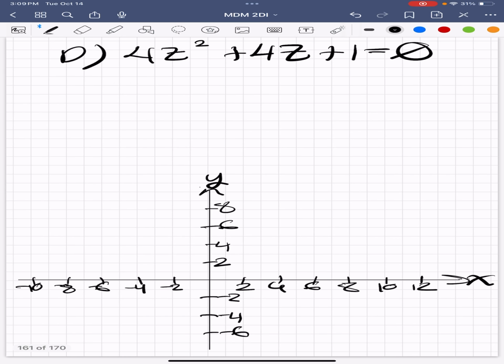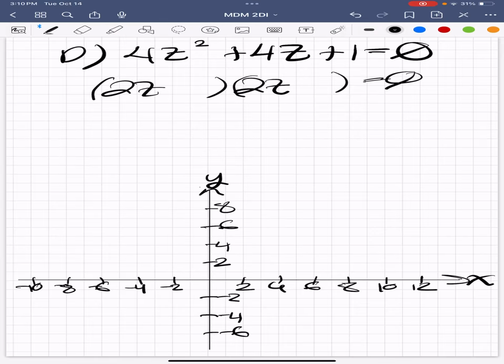Moving on, we have d. So with d, it is going to be quite simple. We need 2z plus 1, so that's going to be 4z^2. Then plus 2z again equals plus 4z, and then plus 1 is at the end.